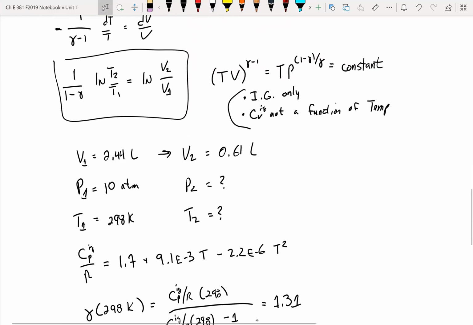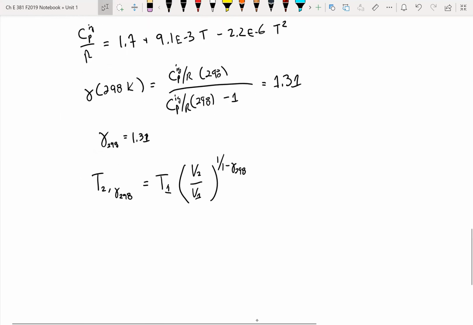All right, so I just moved this over here. Sorry. I just moved that over there and then exponentiated both sides. And sorry, that should be a minus 1 when I do that. I had to multiply both sides by gamma minus 1. All right, the temperature is going to be 458 Kelvin.